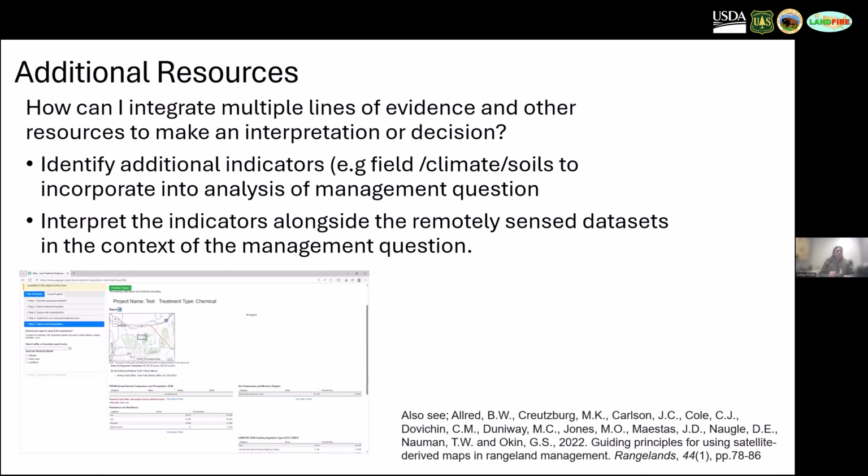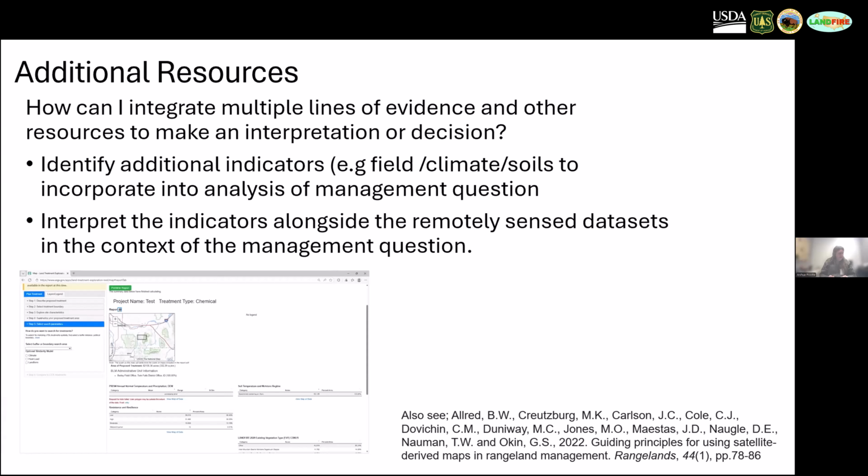I also do want to point out that you can explore how management, or how treatments, have affected fuels by looking at the Land Treatment Exploration Tool put up by USGS EROS from Boise by David Pilliod. This is in the bottom left.